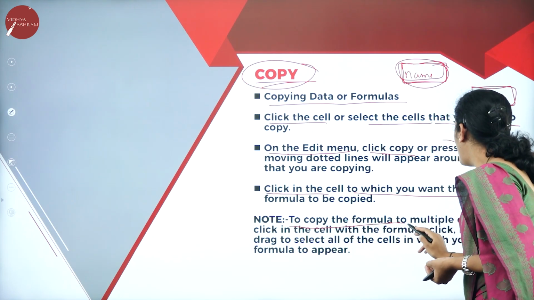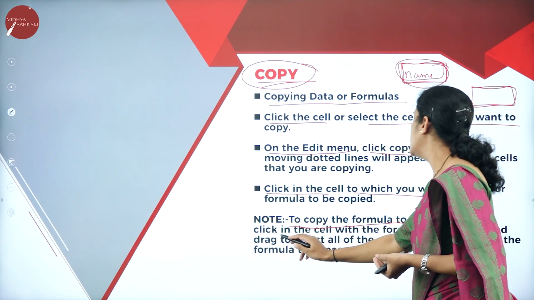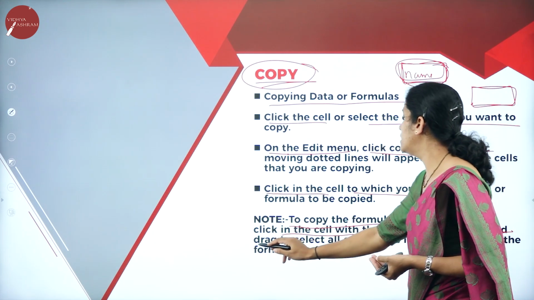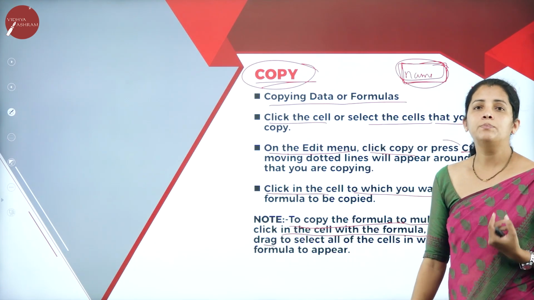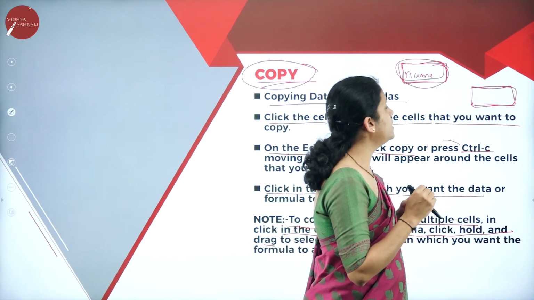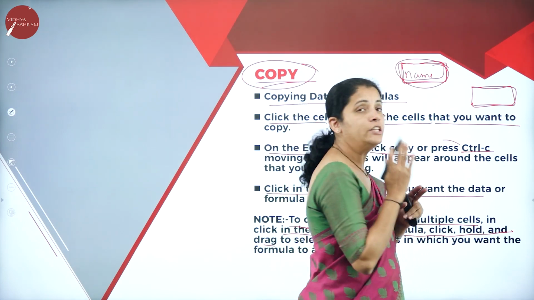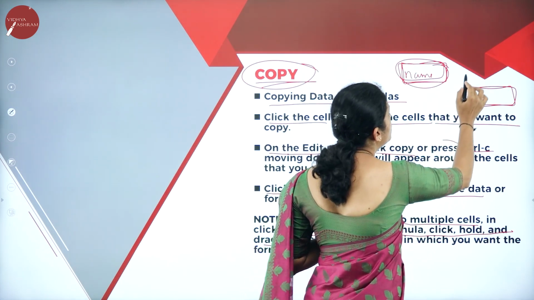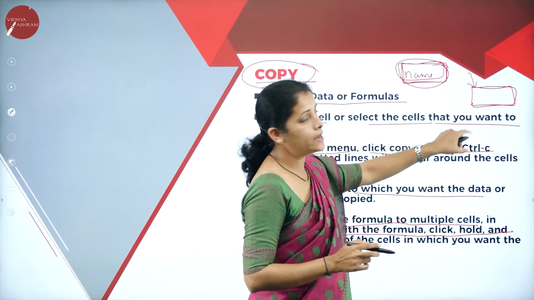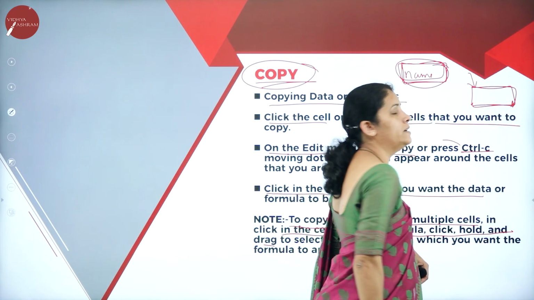To copy the formula to multiple cells, click in the cell with the formula, then click, hold and drag. That means suppose you want to copy the same content to multiple cells, initially I copy the data to that particular cell, and I place the cursor here.